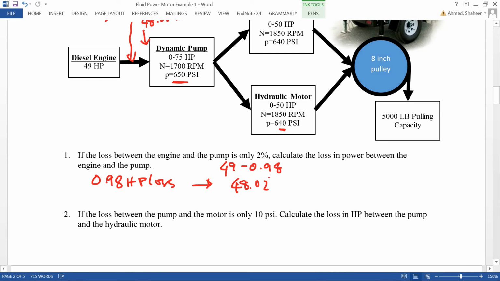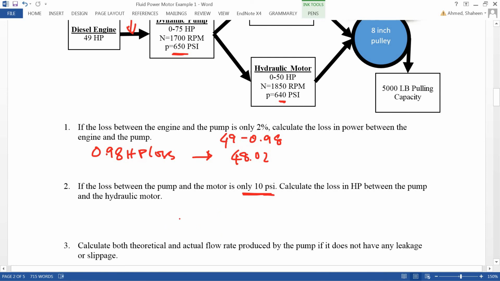Now the loss between the pump and the motor. It says there is a 10 psi loss between the pump and the motor, so we can calculate the horsepower available at the motor. You have a bunch of valves and everything, so this loss comes from those valves, pipings and fittings.